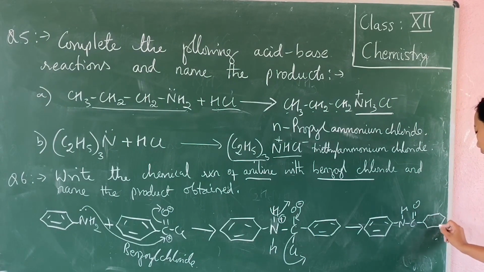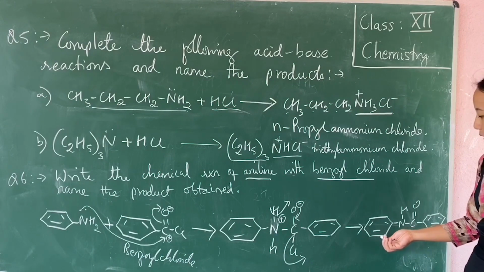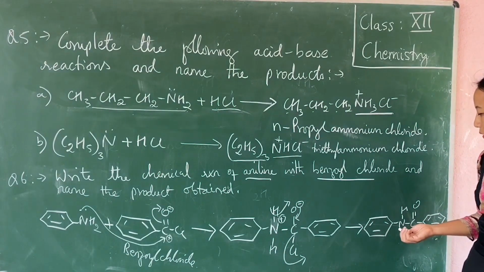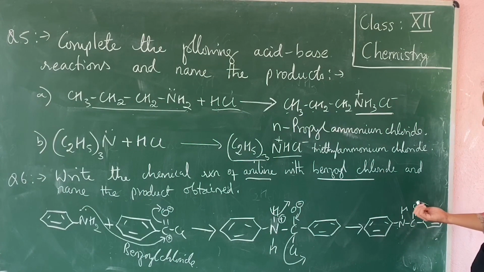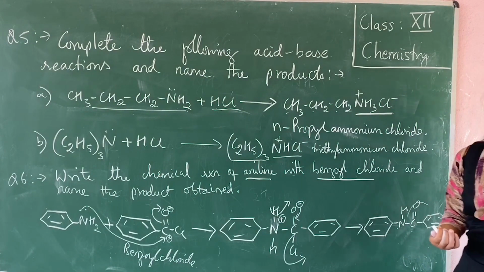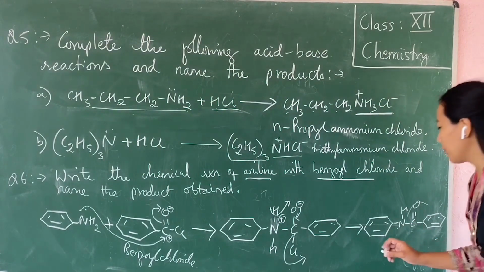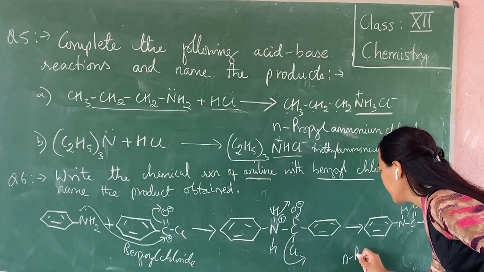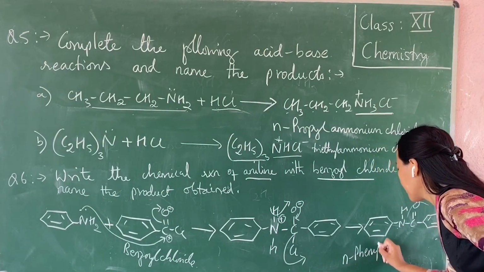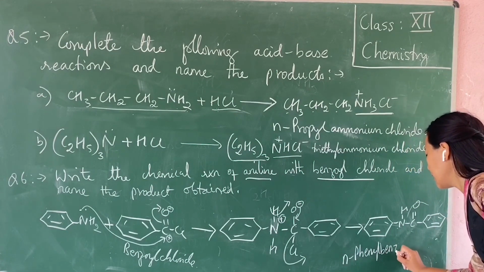So you have to name this compound as well. Now the name of this compound, this is called phenyl. So N-phenyl benzamide. Benzene with C double bond O is called benzamide. The name of this compound will be N-phenyl benzamide.